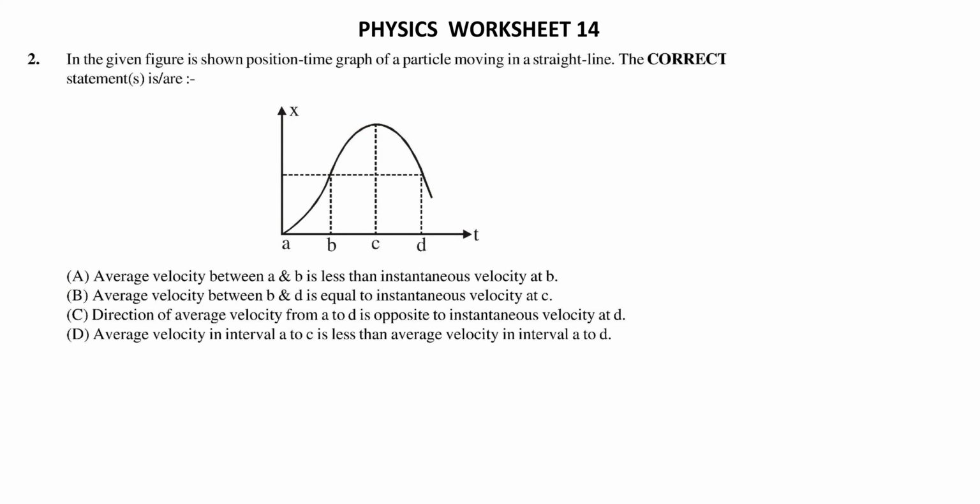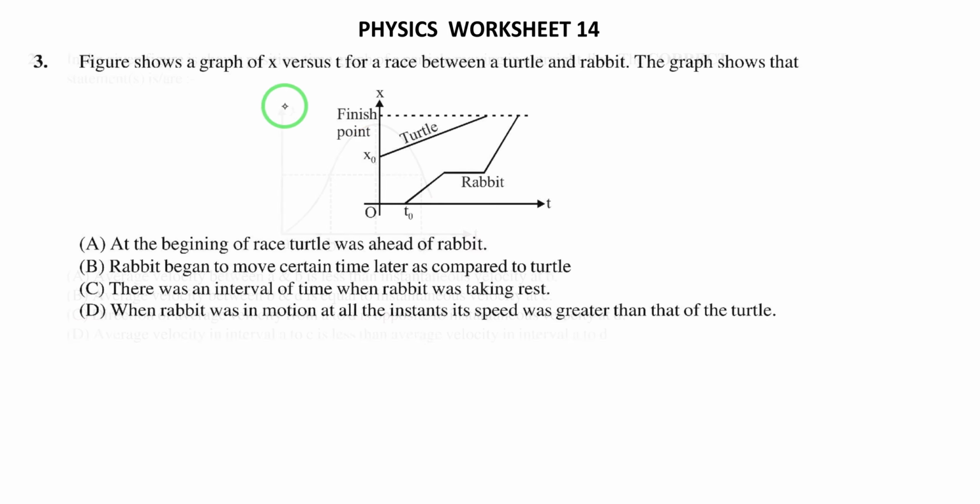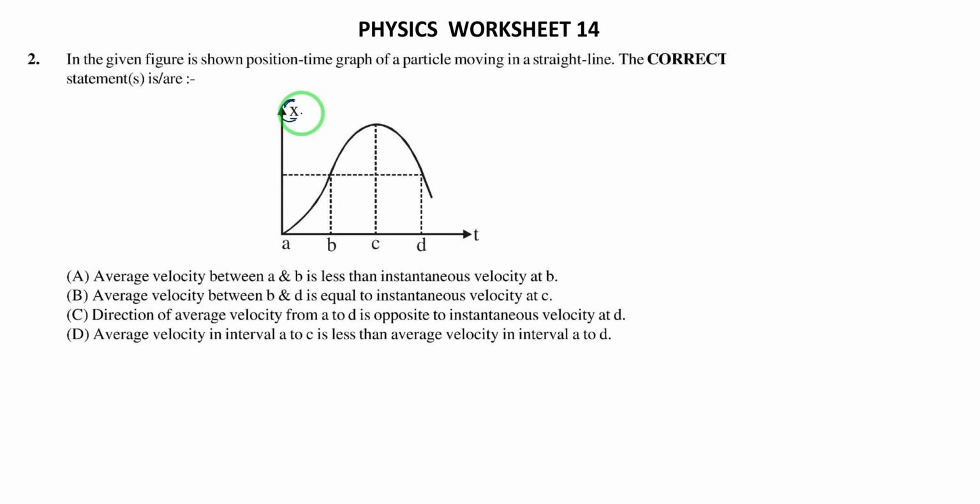In question number 2, there is a position-time graph given. Which of the following statements is correct? Means there is more than one correct option. Okay.